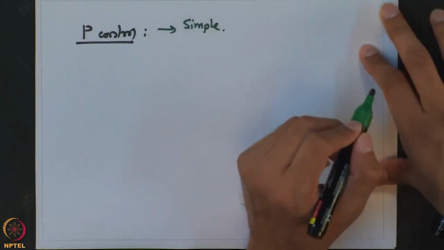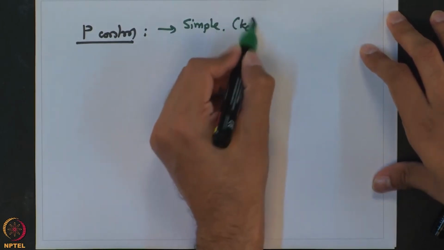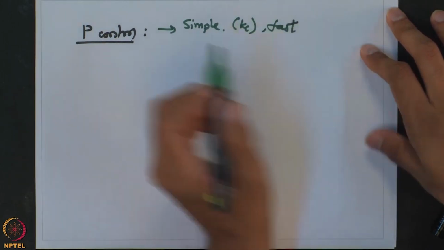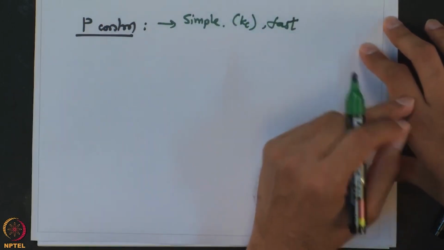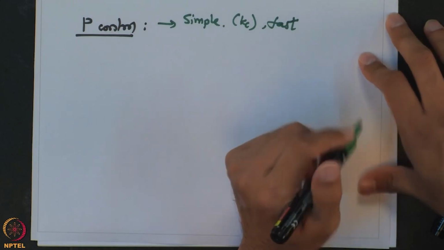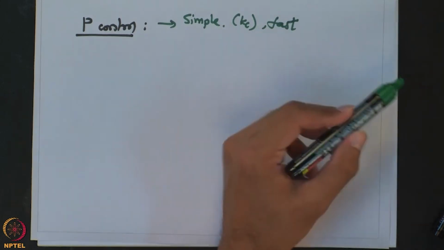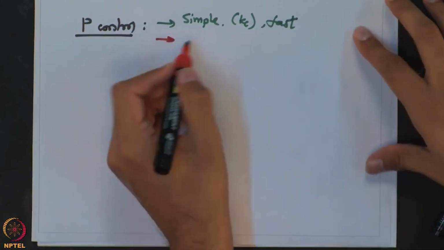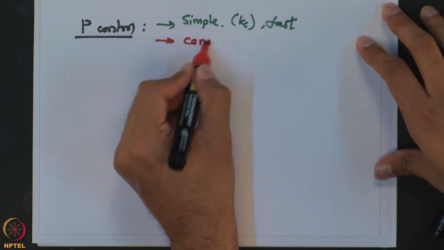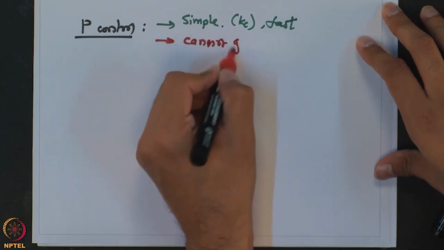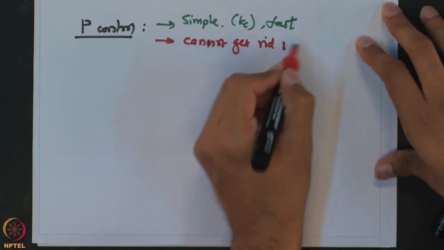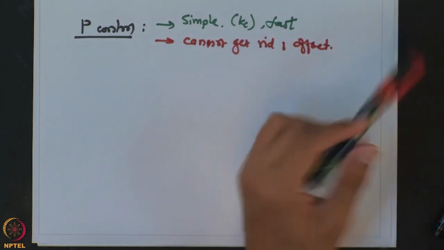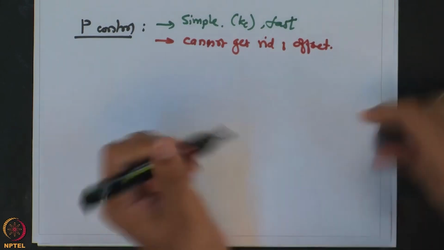There is only one variable, Kc, which you have to decide. It's often very fast. Based on the current error, it is going to give you the action. On the other hand, the limitation is that it cannot get rid of offset. That is the main limitation of a P controller.